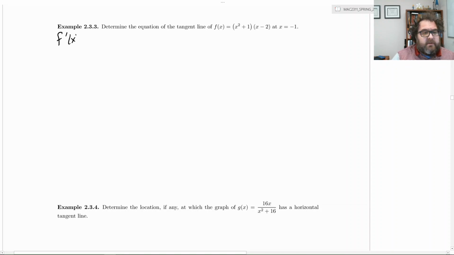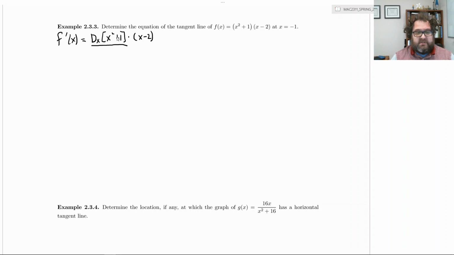So let's see, f prime. F prime is what? Okay, product rule says you take the derivative of the first function, so the derivative of x squared plus 1, then we're going to multiply by x minus 2. Now, do note here, I've said this many times, this notation right here, a capital D with a subscript x with brackets, means take the derivative of whatever's inside.